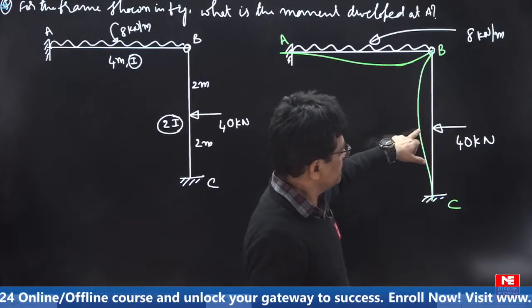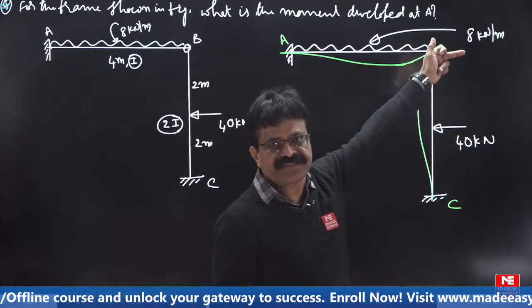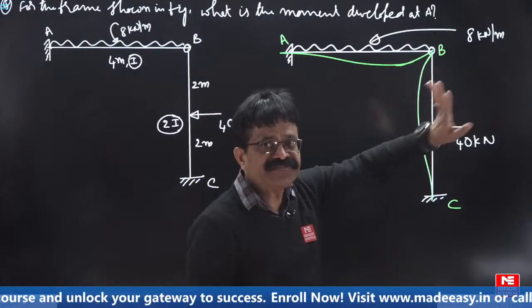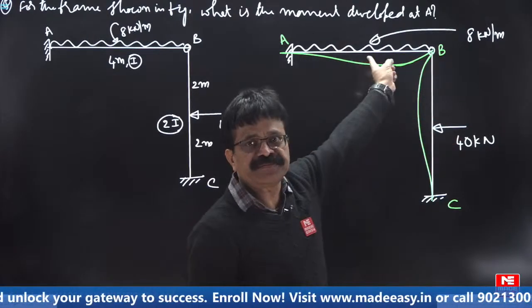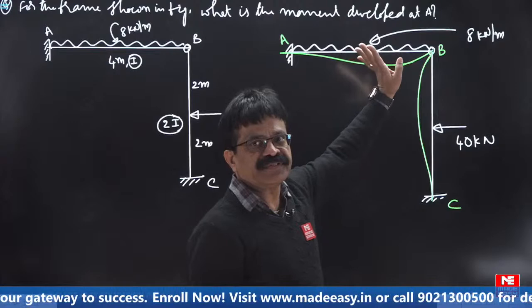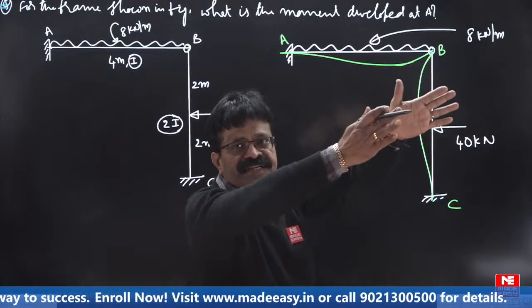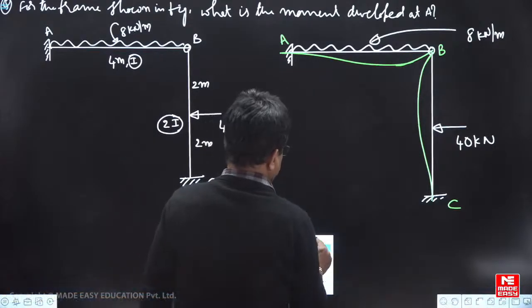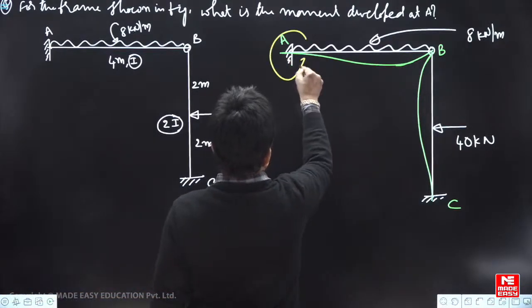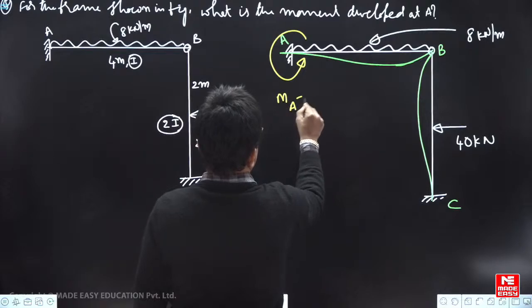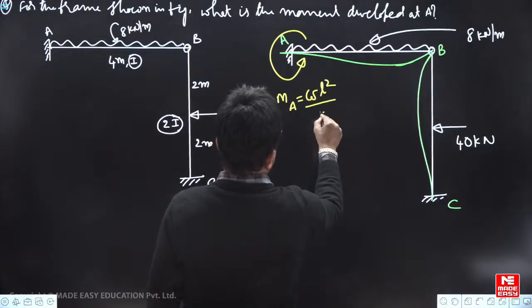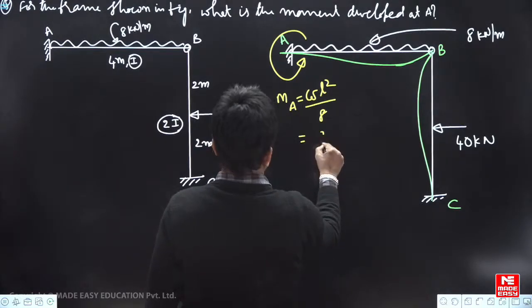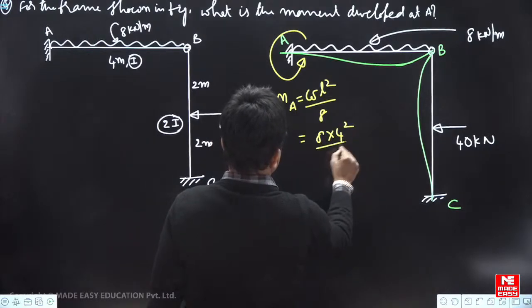Because of this load, there will be one reaction. But that reaction will not influence the bending moment curve in that member because axial loads are neglected in MDM. For this profile, when it is subjected to UDL, propped cantilever beam, what is the formula? WL square by 8. So directly you can write W into L square by 8.